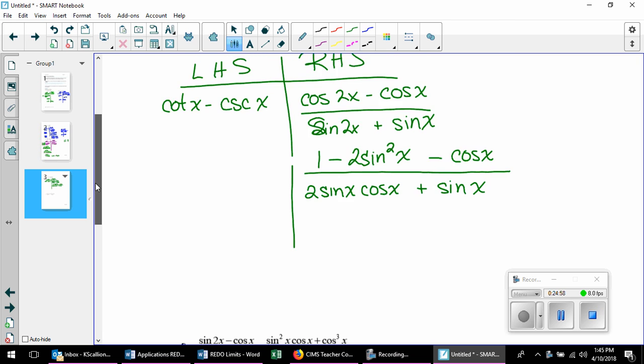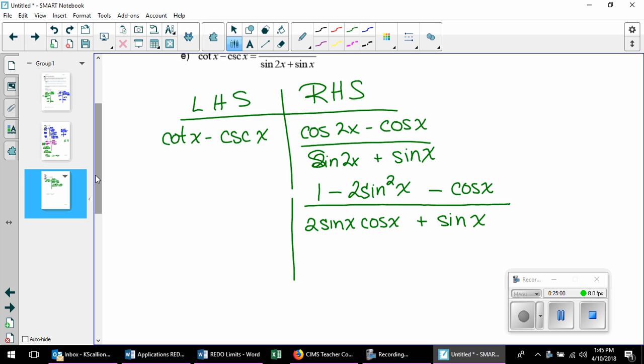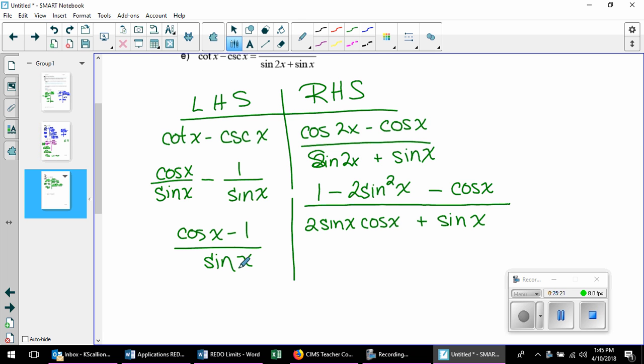So this is going to be cos x over sine x subtract 1 over sine x. We can simplify that even further to be cos x minus 1 over sine x. They have the same denominator.